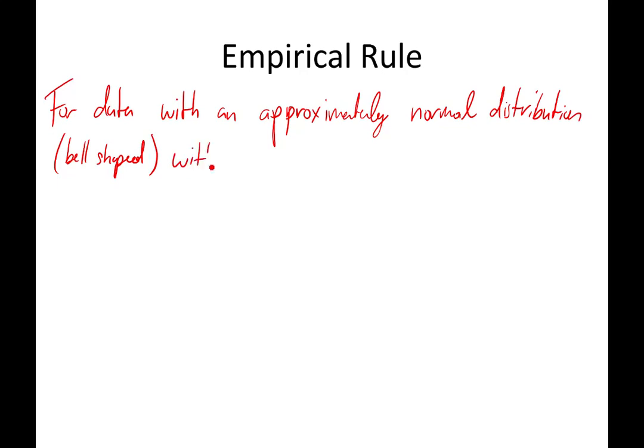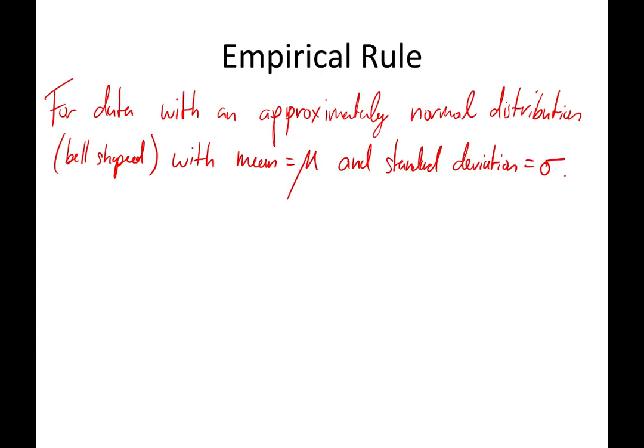So let's say that it has a mean equal to mu, the symbol for population mean, and a standard deviation of sigma, the population standard deviation.